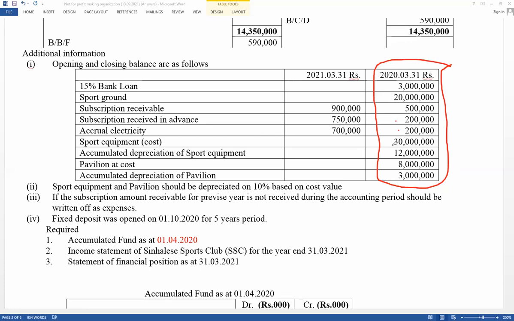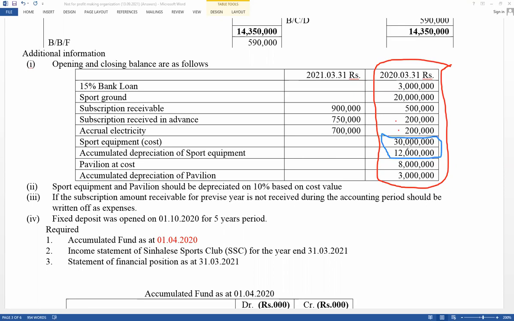Sport equipment is given with accumulated depreciation. When we record it, net book value should be recorded. Very important. Think about cost and accumulated depreciation being given. Therefore, cost minus accumulated depreciation; net value should be recorded.